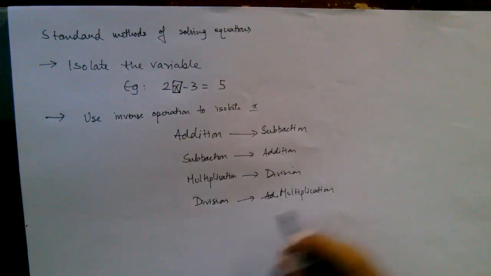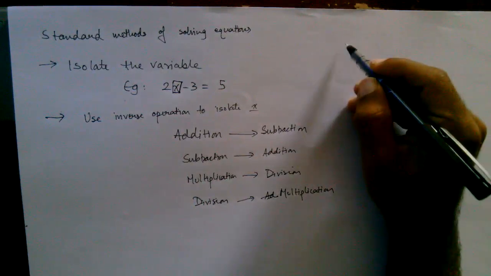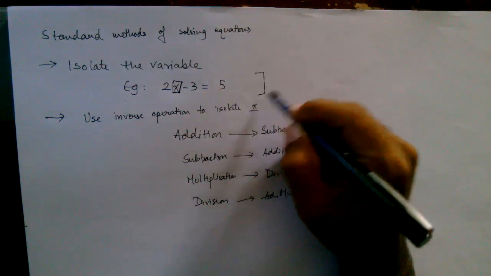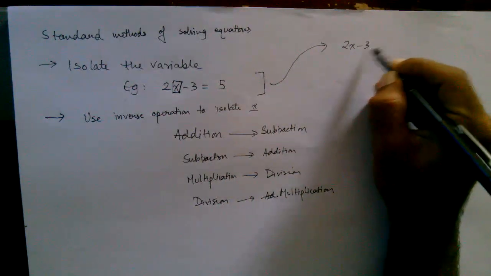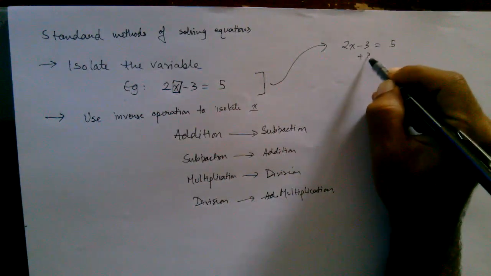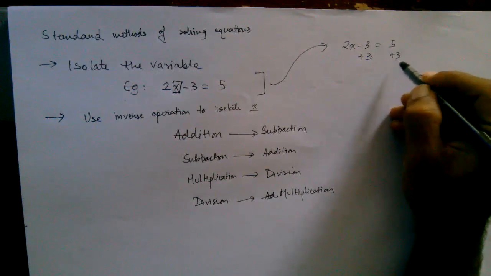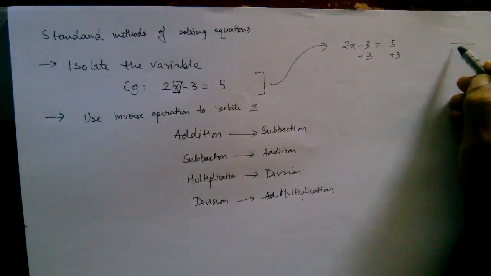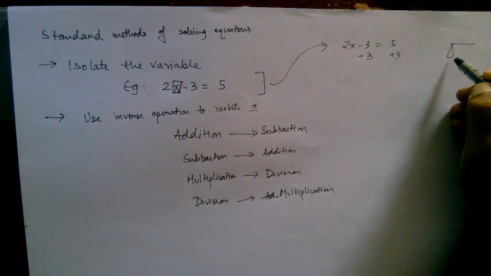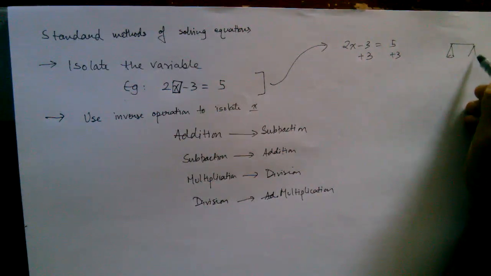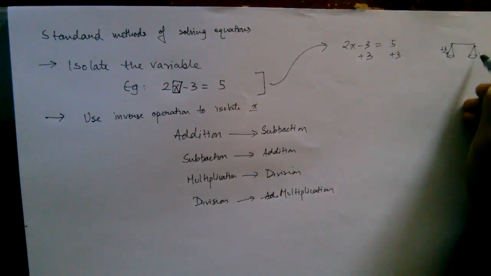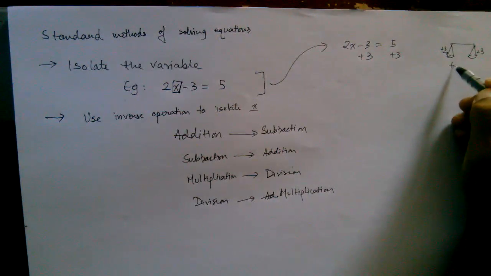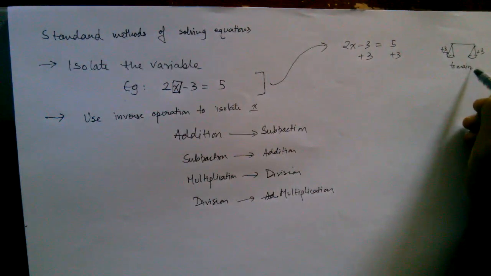So in the standard process, in this particular example right here, because there's a subtraction, I would add 3 to both sides. Now I add it to both sides because it kind of works like a scale, which means that since these are equal, if I add 3 here, I have to add 3 here to maintain balance.